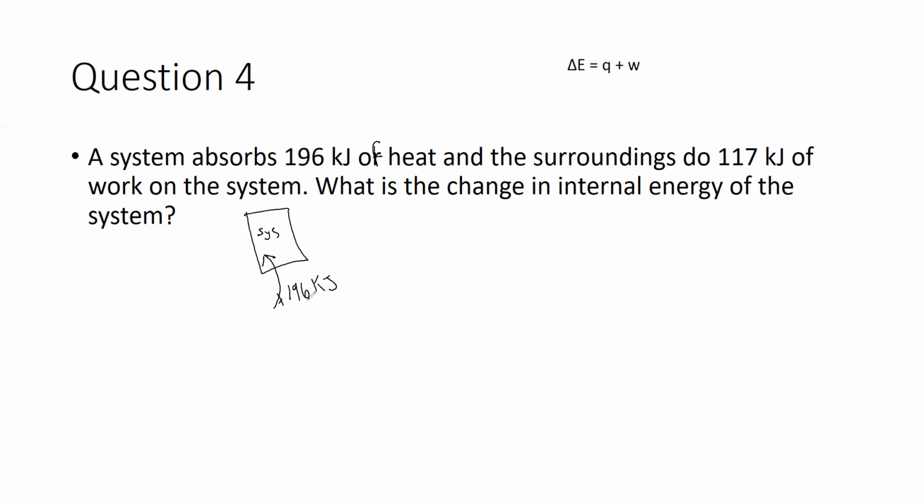So this is probably the thing that's most confusing to you. When work is done on the system, I think of that as work going into the system. So again, that's positive. If the system is doing work, then the system's losing that energy and it would be negative. But if it's done on the system, it's positive.